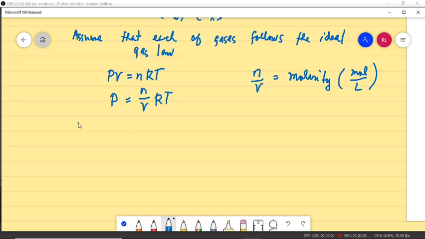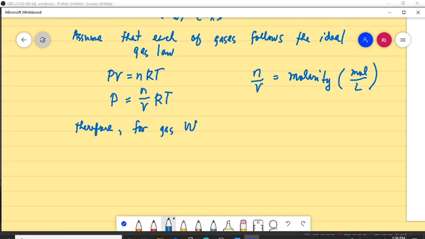So therefore, for a gas, say for example W, our expression would be the partial pressure for gas W is equal to n over V, which is equal to the concentration of W, times RT.